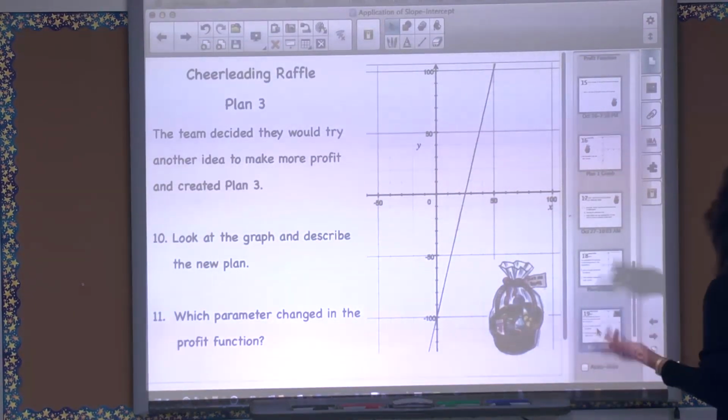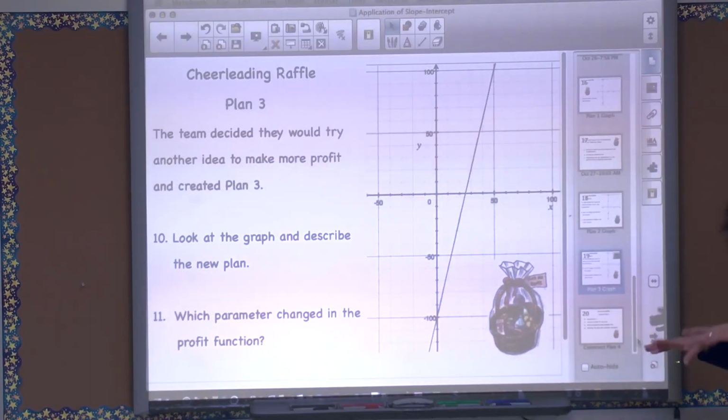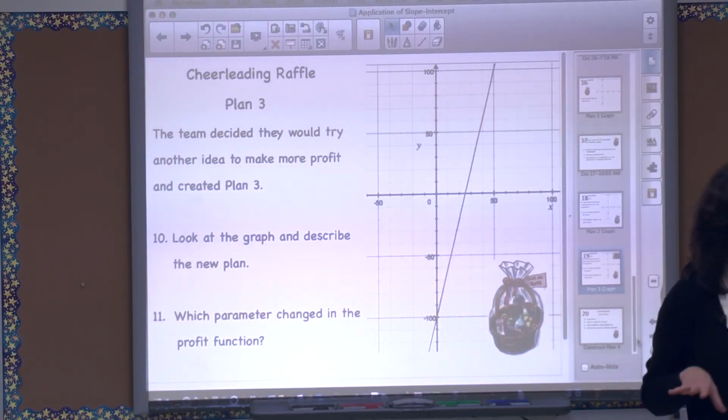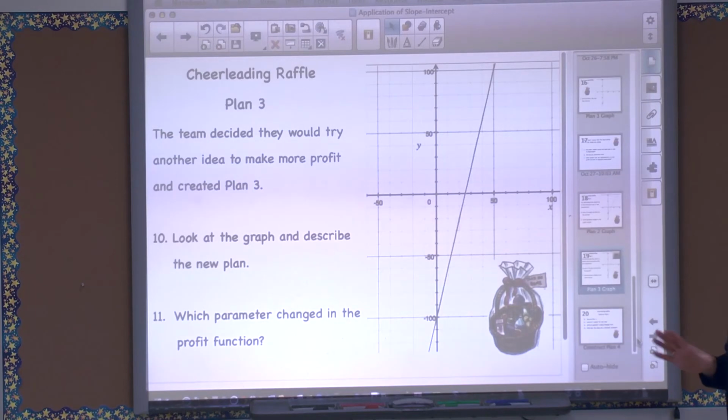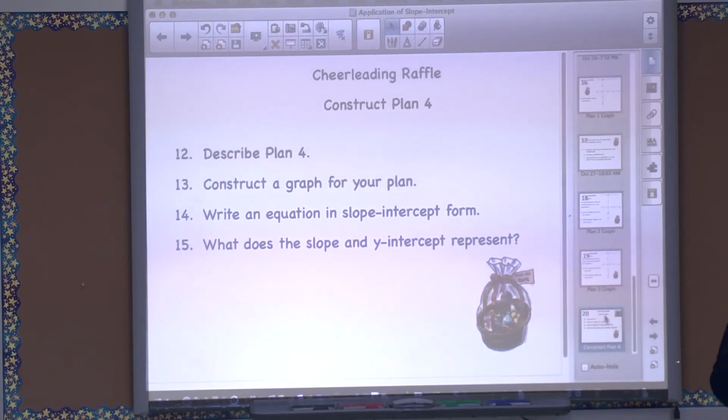Now, each group is working at different paces. Some of you are going to finish earlier than others. If you're done, you can start your homework assignment, which is to construct a Plan 4 for the cheerleaders.